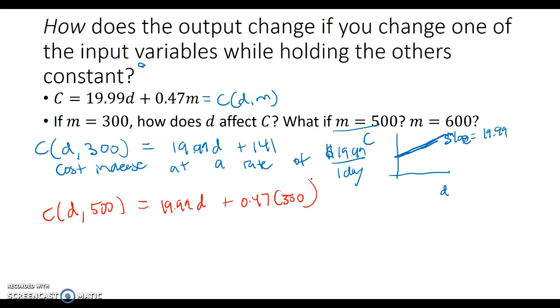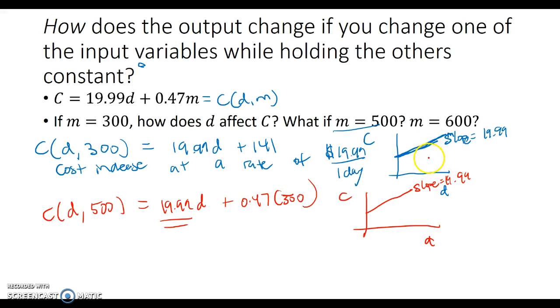Well, 47 times 5, I don't exactly know what that's going to come out to be off the top of my head. But again, when we plot d versus cost, we're going to get a linear function. The only factor affecting the cost now is going to be the number of days that you own it for. And again, the slope of this line is 19.99.